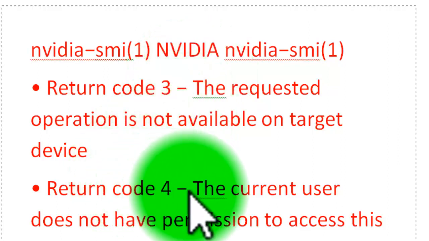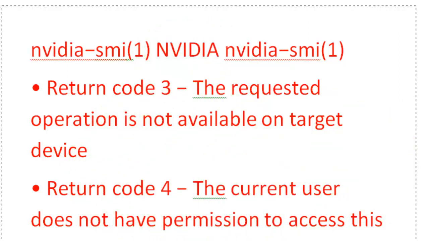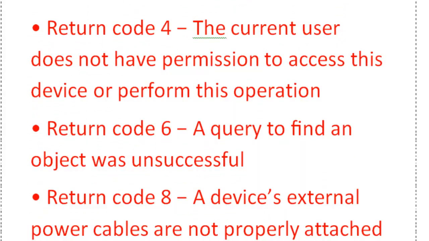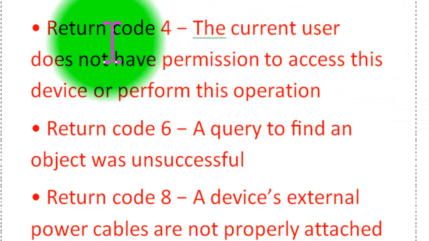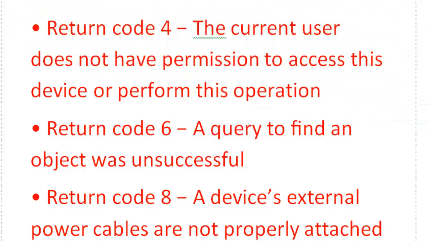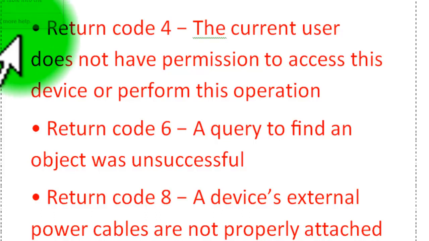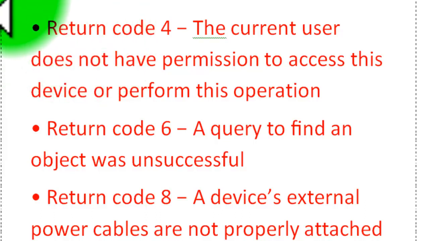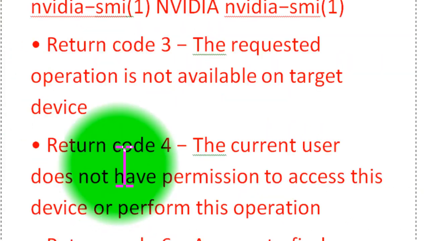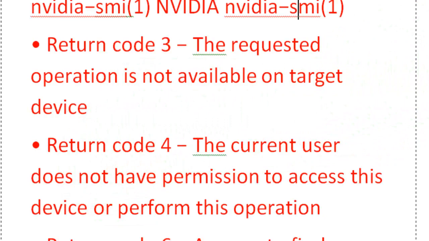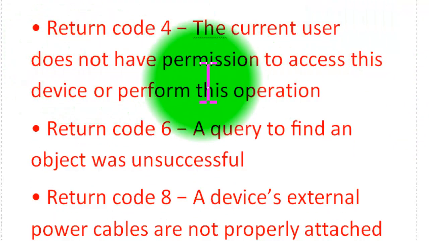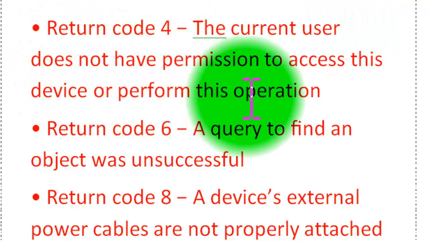So return code 4. If you have a return code 4, you can study how to check it. Return 4: the current user does not have permission to perform this operation on this device.